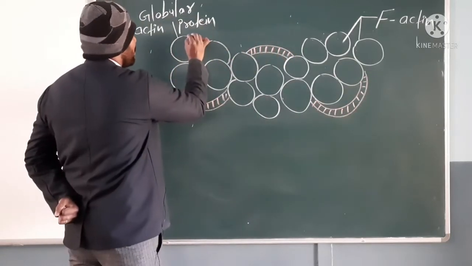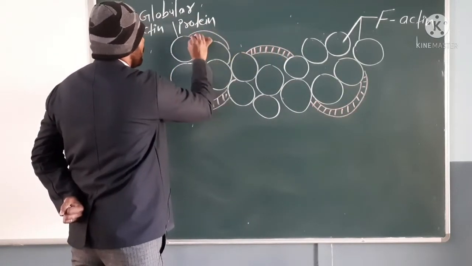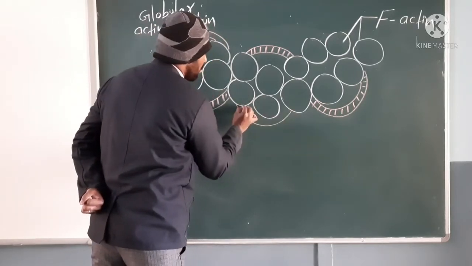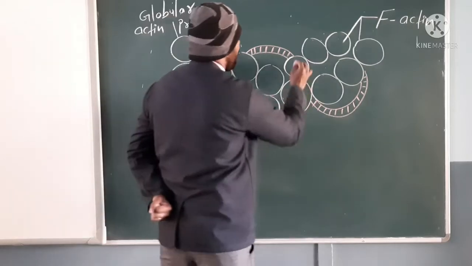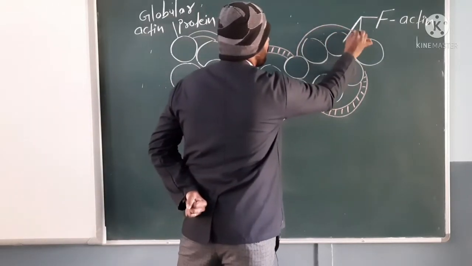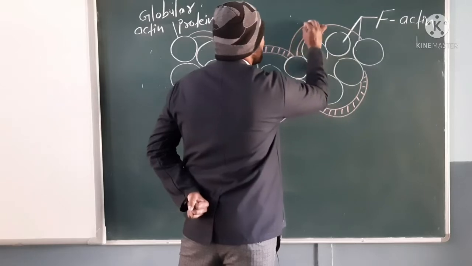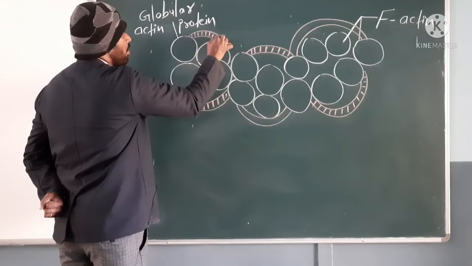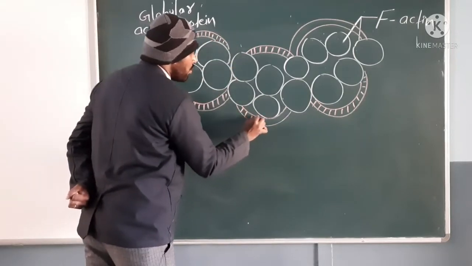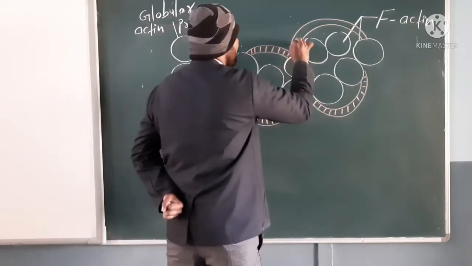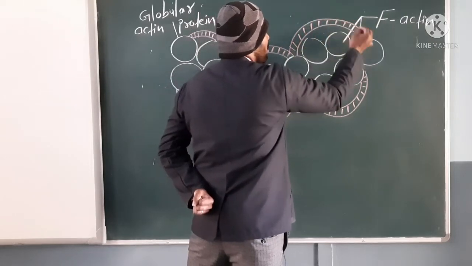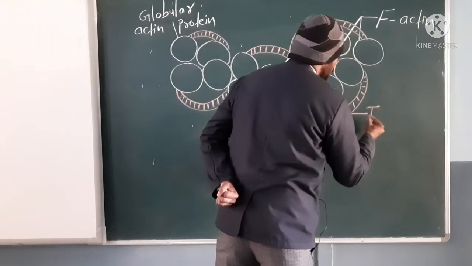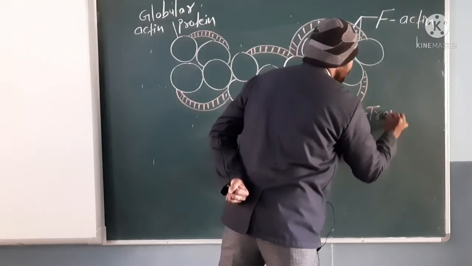One more chain here I am going to draw in that manner, and here also in that manner. So you can see the two strips of one more protein, whose name I have already given, that is tropomyosin. So this is the chain or strip of tropomyosin.